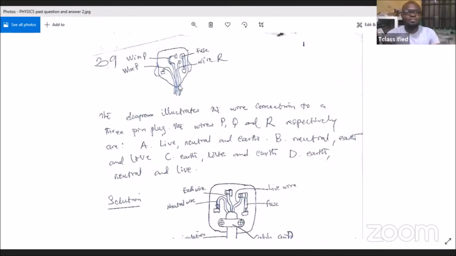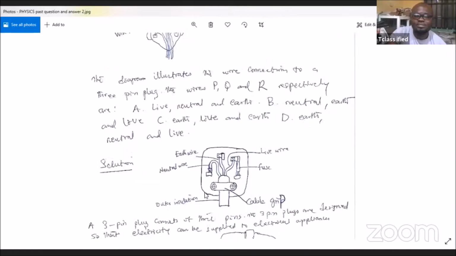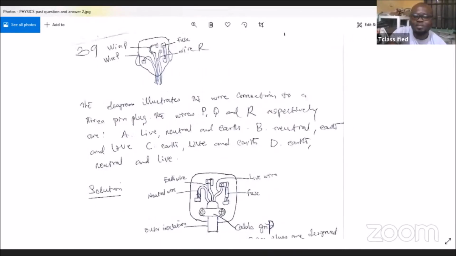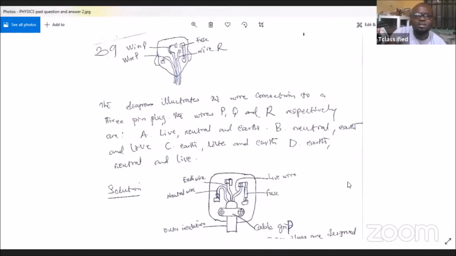So this is what is drawn. This is what I could sketch from what was given on the Q&A. But this is the actual diagram of a 3-pin plug. So you can see that the one on the left is always the neutral.